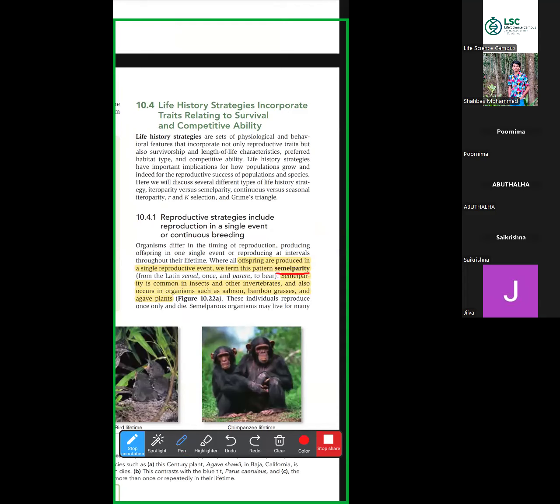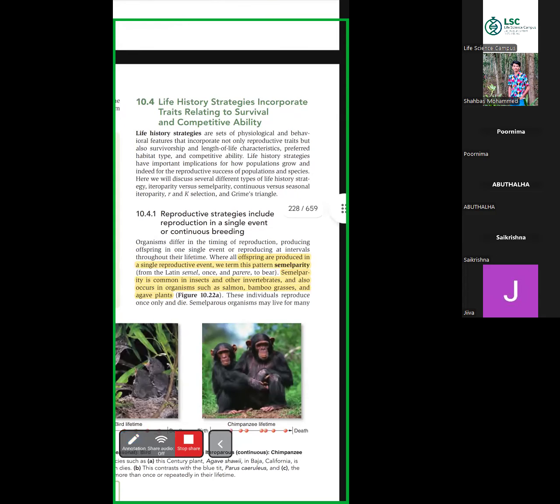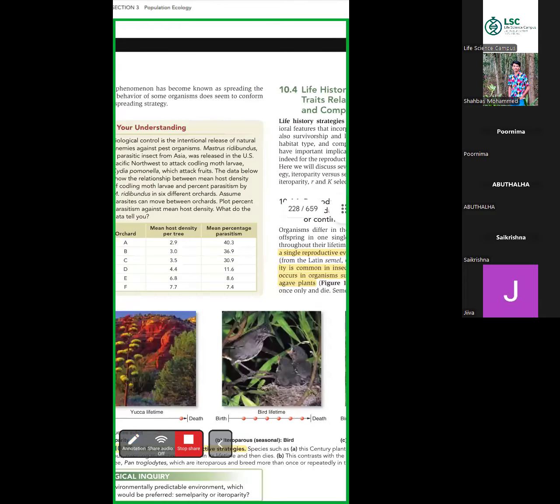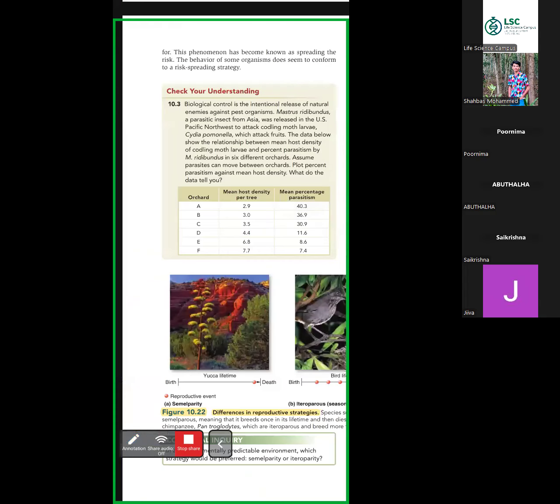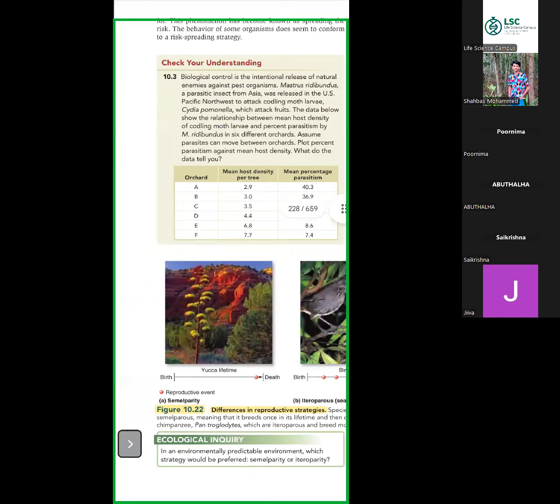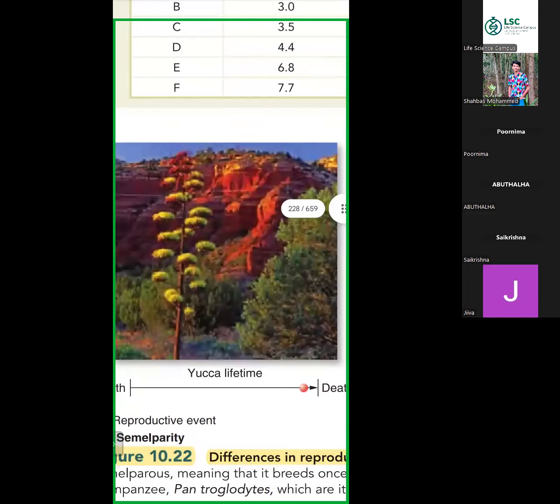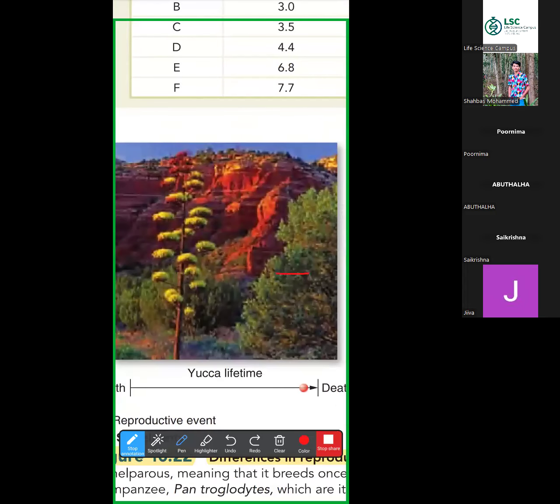So these semelparous organisms reproduce only once in their life cycle. After reproduction, they will die. Examples of semelparous organisms include this yucca plant. Can you see this plant? This is the yucca plant. Other examples include bamboo grass, insects, salmon.